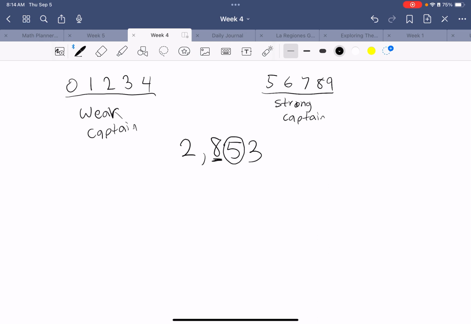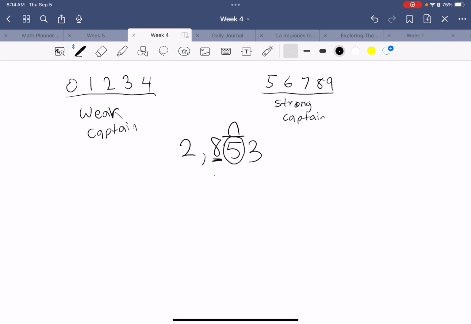Now I'm going to look at where this captain is going to go. Is he a weak captain? Is he over here? Or is he a strong captain? Is he over here? Well, he is a strong captain, so I'm going to give him a strong captain hat. And he's going to tell the number next to it that's underlined, hey, you, go up, because he's a strong captain.